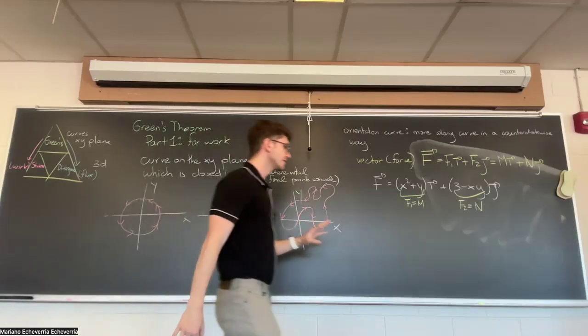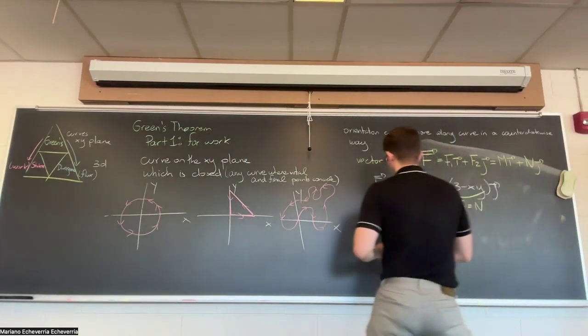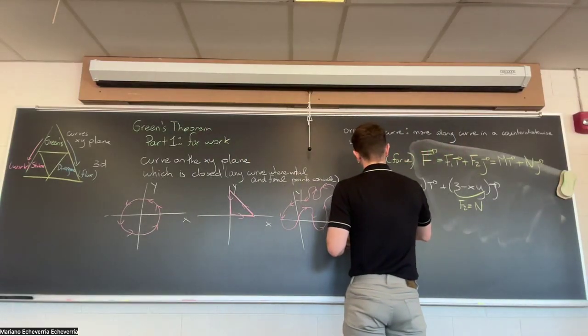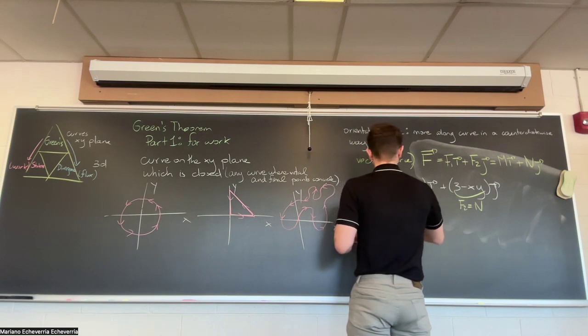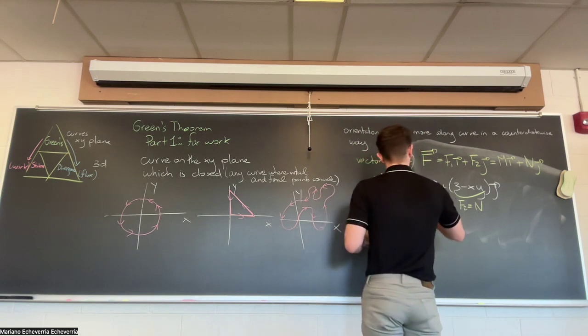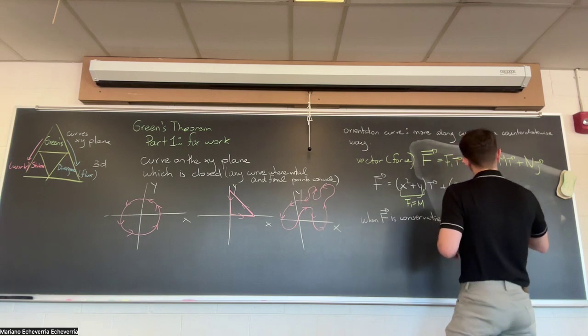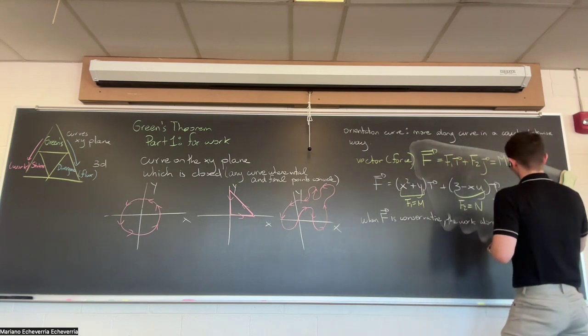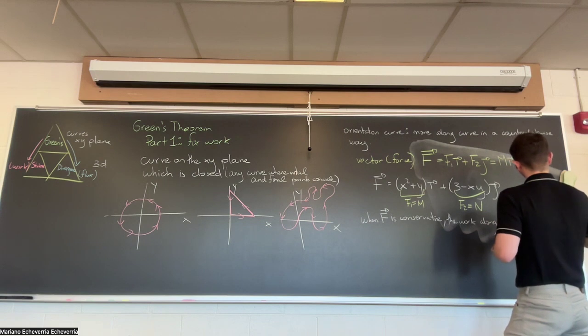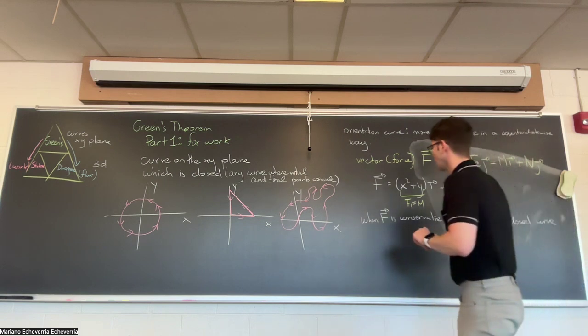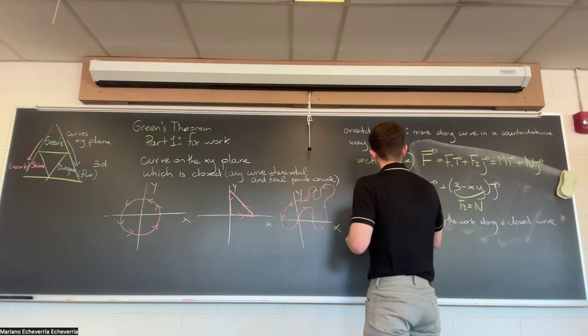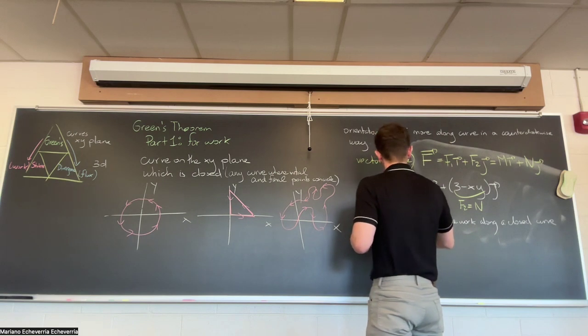So when F is conservative, the work along a closed curve will be zero.